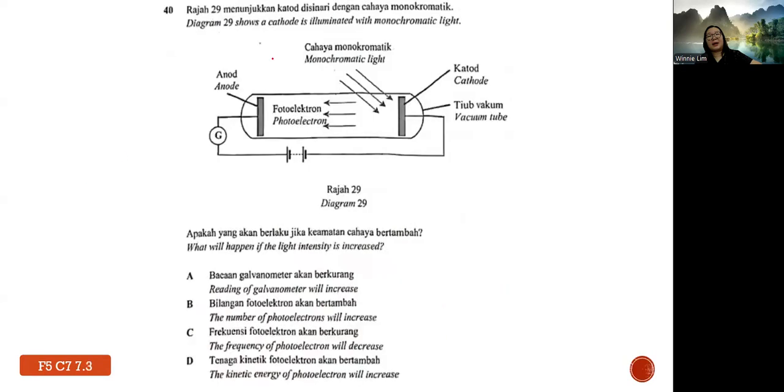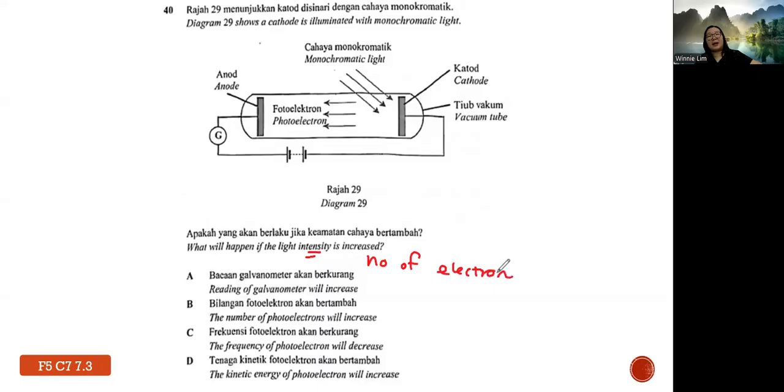Okay, then last question. Diagram 29 shows a cathode illuminated with monochromatic light. What will happen if the light intensity increases? That means brighter. So generally what happens is, if the photoelectric effect occurs and you shine with high intensity, the number of electrons will increase.